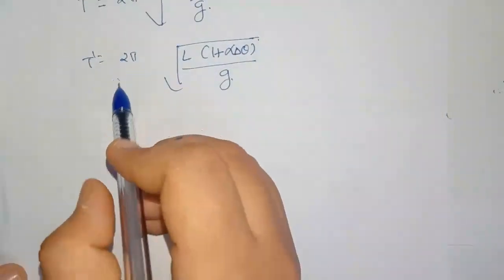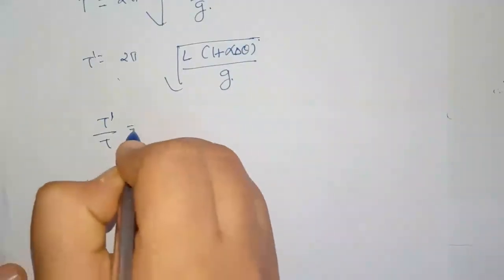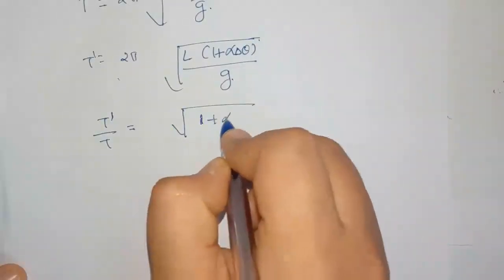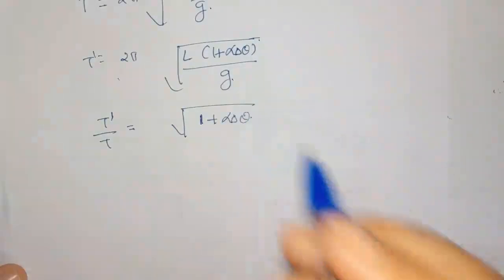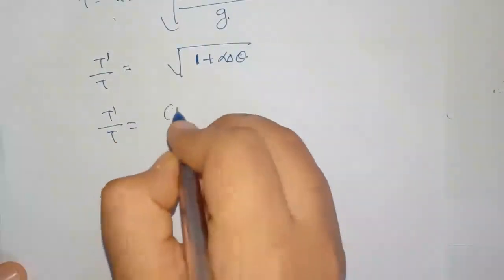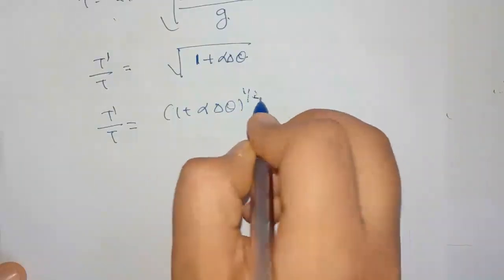Take the ratio of T dash and T. We can write T dash upon T is equal to under root 1 plus alpha delta theta. So, T dash upon T will be equal to (1 plus alpha delta theta) whole power 1 by 2.